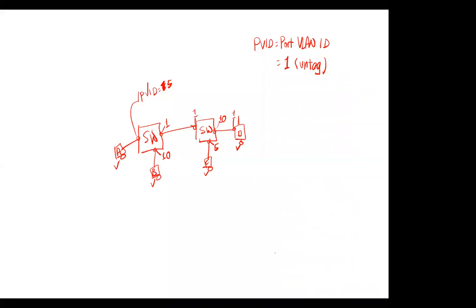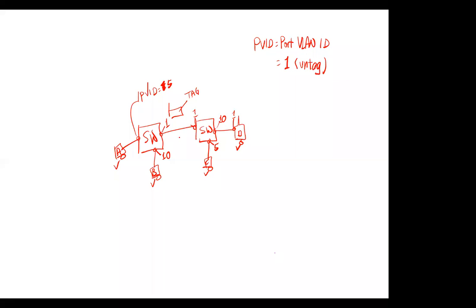But the point is, when PC A sends a frame going out from the switch, how do I know that this frame belongs to whom? How do I know whether it belongs to VLAN 5 or VLAN 10? So in this case, the tagging is important. The tagging lets you identify where you come from, either VLAN 5 or VLAN 10.